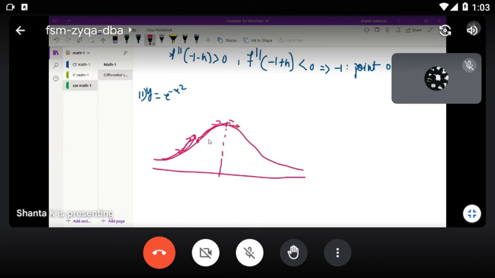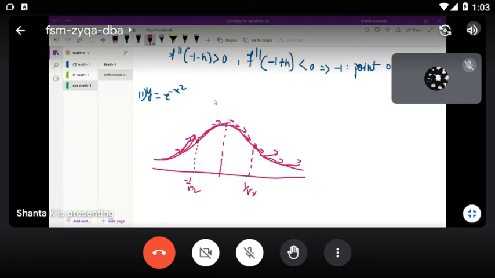So this is your point of inflection, minus 1 by root 2, and the same here, 1 by root 2. Here it is, and at this point it will go. Okay, the point where it changes. So these are the 2 points. Okay, you have to check. You find out y dashed, y double dashed, and do it.